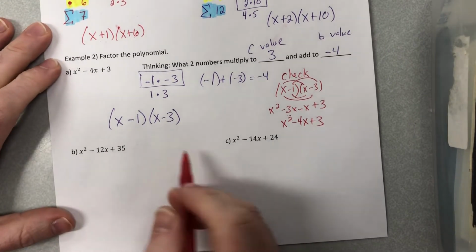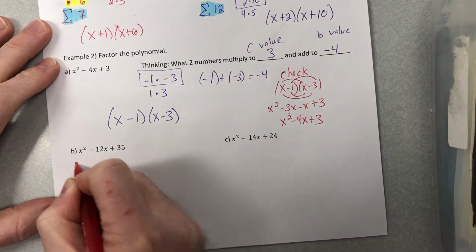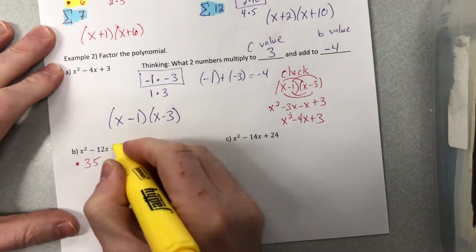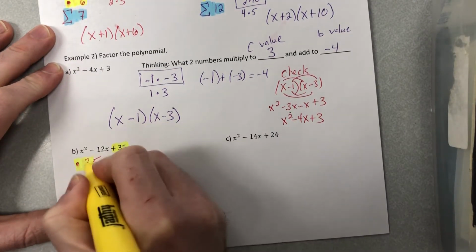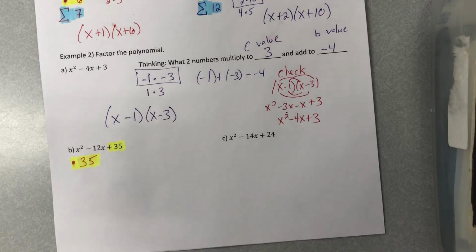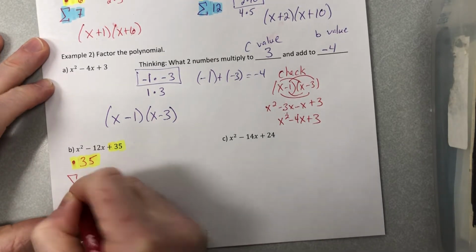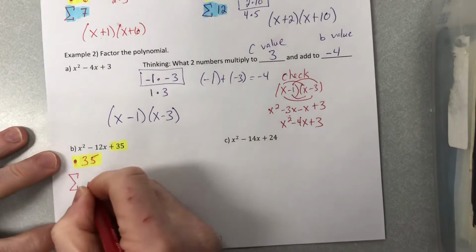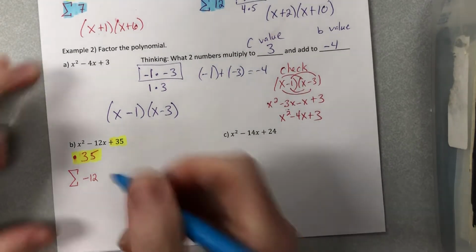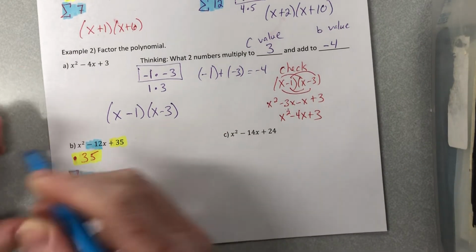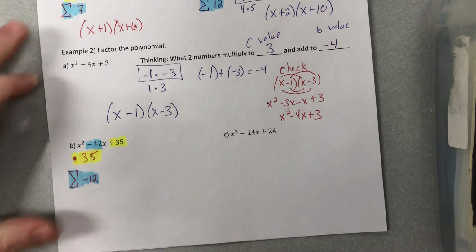Okay, if we look at example B, we want two numbers to multiply to 35. Well, if we think which two numbers will multiply to positive 35, we know that they're going to be the same sign, either both positive or both negative. But what we're also looking for here is two numbers to add to negative 12, okay? So when we look at that, does it make sense that we use positive numbers?